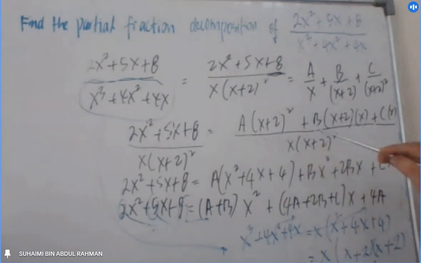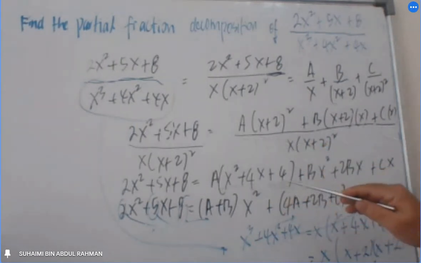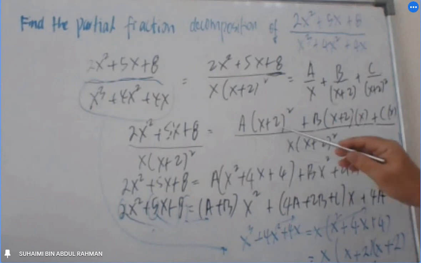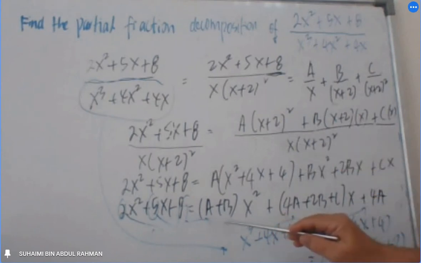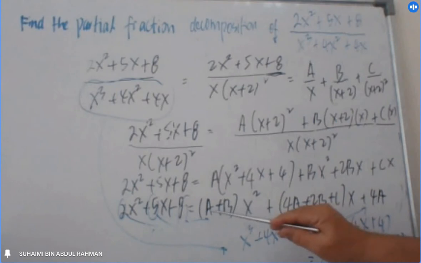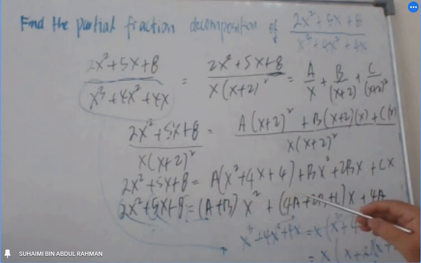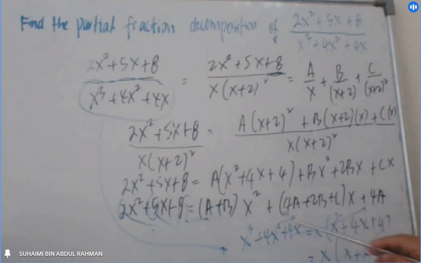And now expansions. So we get A plus B, the coefficient of x squared. We group together the coefficients of x. Then the coefficients with no x, or x to the power of 0, we group together.